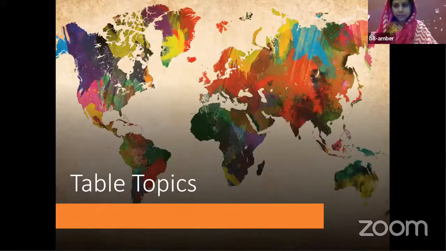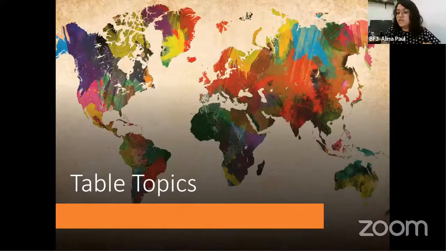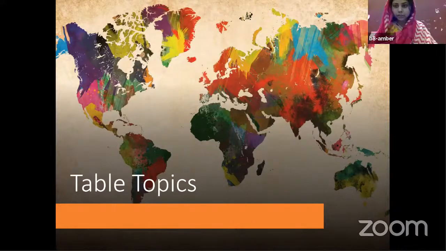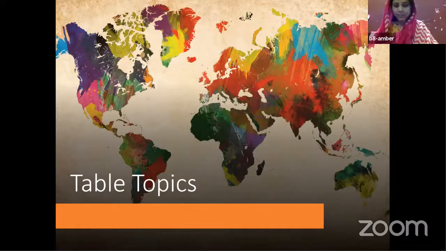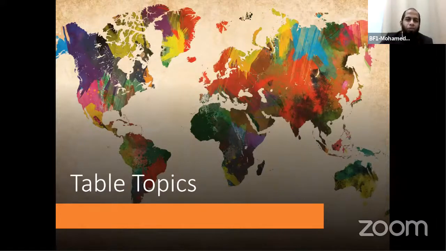So if you permit me, then I can fix my time according to that, timer. Yeah, you can check with Shiraz as he is the Speechcraft coordinator. You can check with him. Okay, thank you. All right. Amber, we are currently in the table topic session. After that, we'll go for the prepared speeches. Okay.